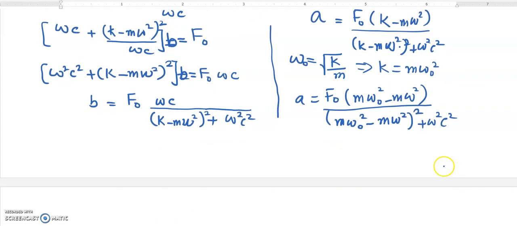So this will become, because if I take m out of this equation, I can write it in the next part.